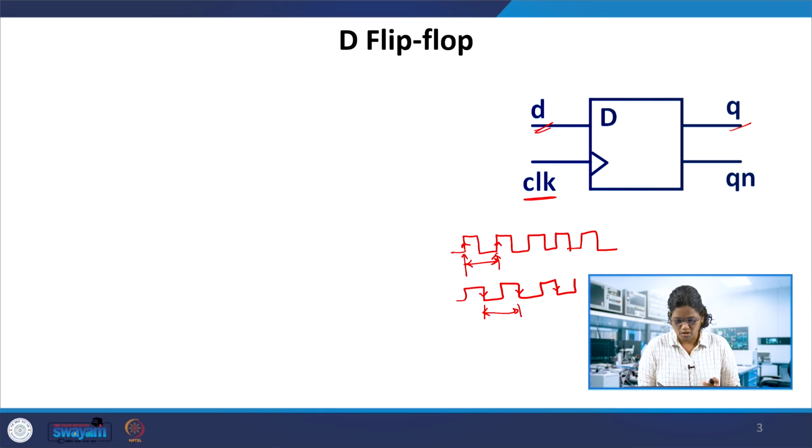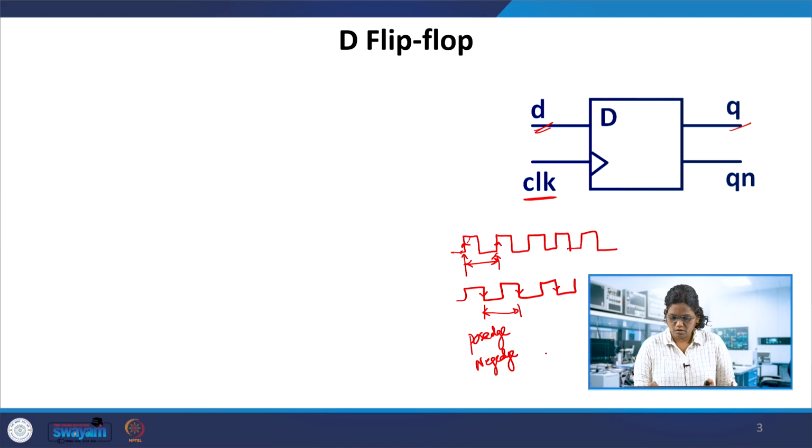So it's not a straight line like what I had drawn here; it will have a slope in the clock edge, whether it is a positive edge or negative edge. In Verilog we use posedge and negedge of the clock, where posedge and negedge are keywords.